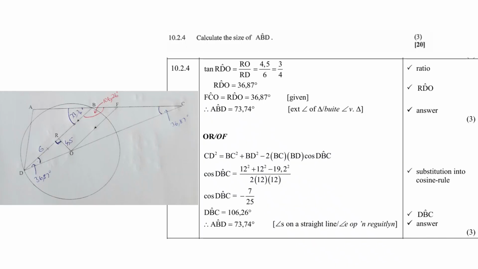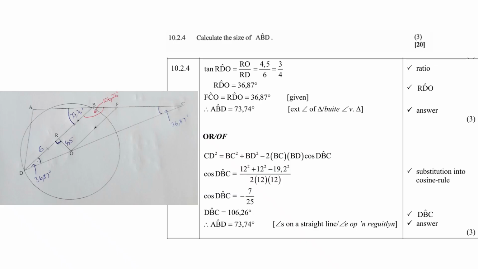Let's look at the solution of 10.2.4. Calculate the size of angle ABD. So now we're dealing with the size of an angle. If you look at triangle DOR, which is right angled, then you can say the tan of angle RDO is equal to opposite over adjacent, which is 4,5 over 6, so therefore 3/4.